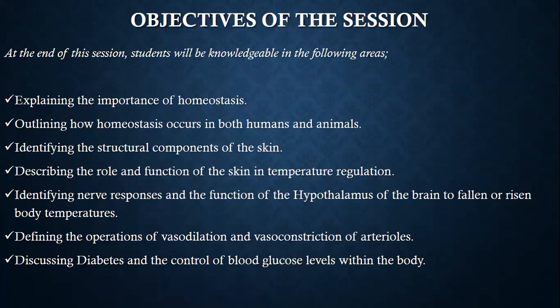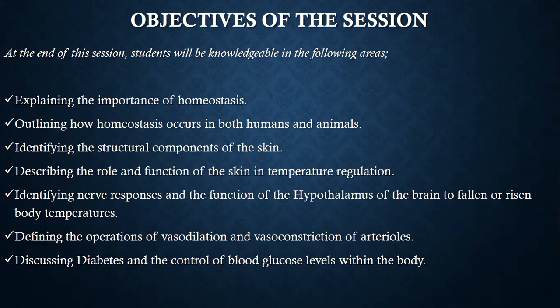So basically, what you all need to know are these points. You need to be able to explain the importance of homeostasis and state how it occurs in humans and animals. We need to learn about the structural components of the skin, and describe the role and function of the skin in regulation of temperature. So we're going to look at mechanisms that your body puts in place when it is too hot versus when it is too cold.